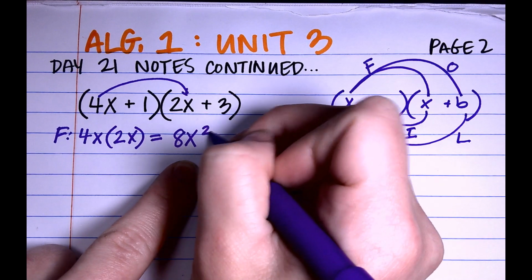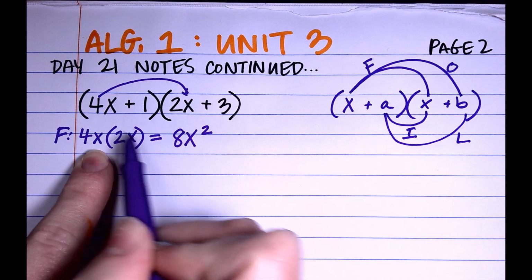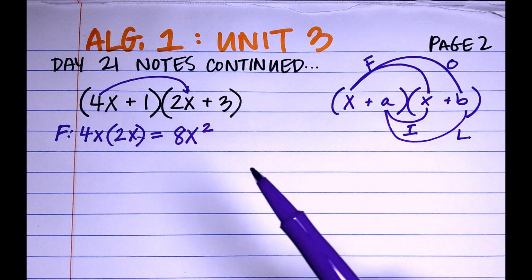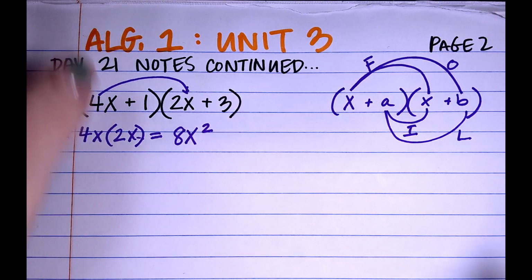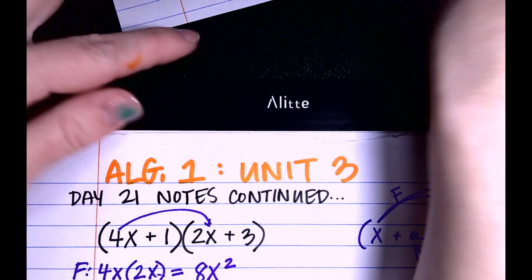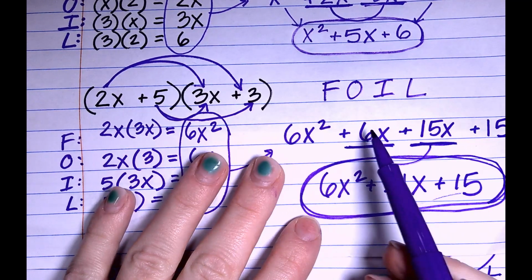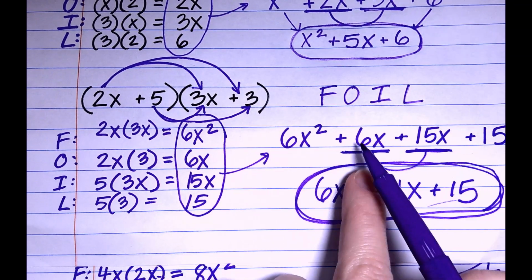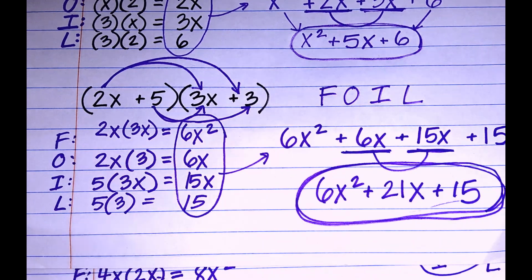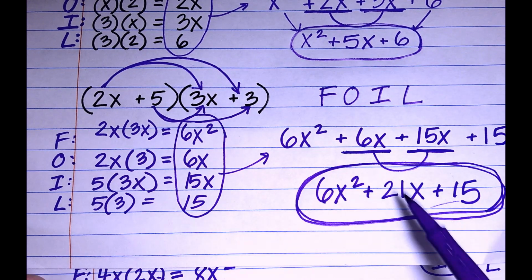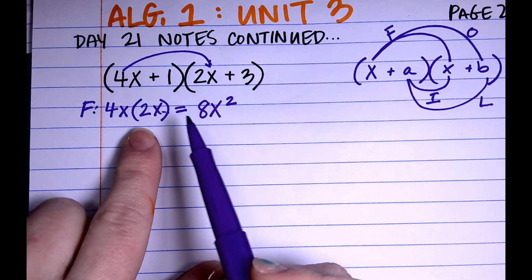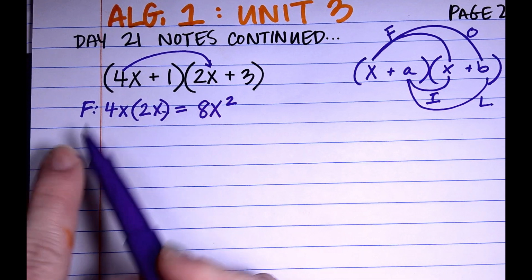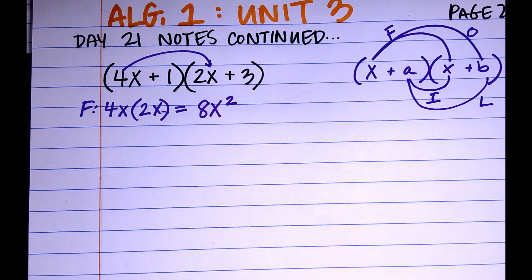8x squared. We're multiplying, so the exponents will change. We don't add the x's when we're just combining like terms. So whenever we're adding, we have like 6 x's and we have 15 x's. I add them together. Now I have 21 x's. Whenever I multiply 4 x's times 2 x's, since we're multiplying, the exponent does change.